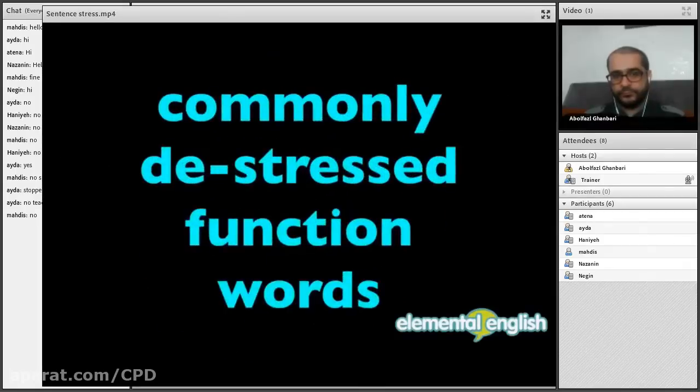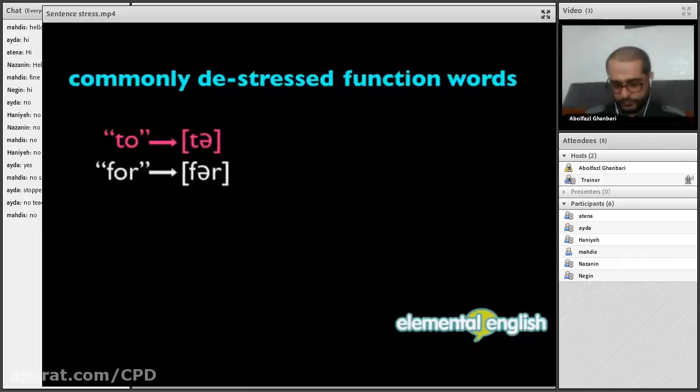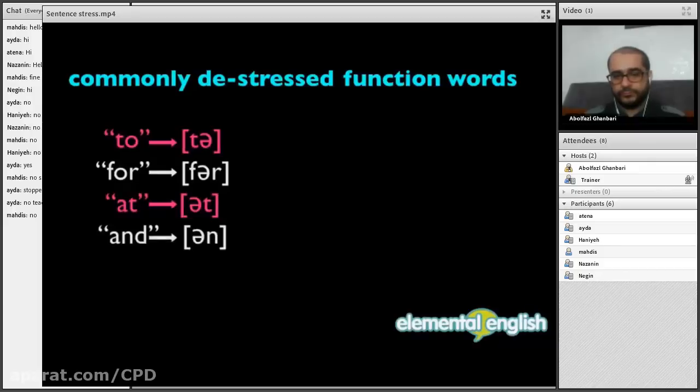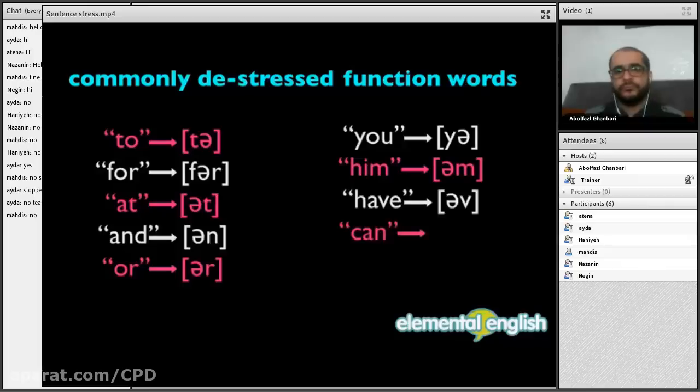Commonly de-stressed function words include the following. To becomes ta. For becomes fer. At becomes it. And becomes an. Or becomes er. You becomes ya. Him becomes im. Have becomes uv. Can becomes kin. Do becomes d. Got it?